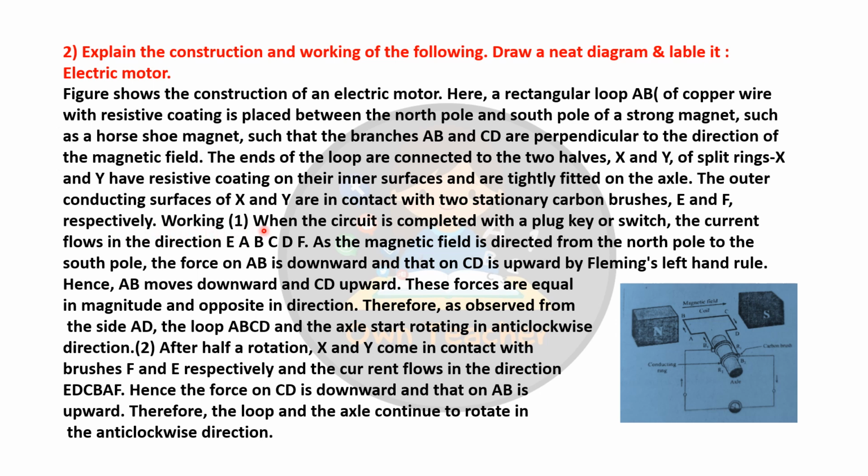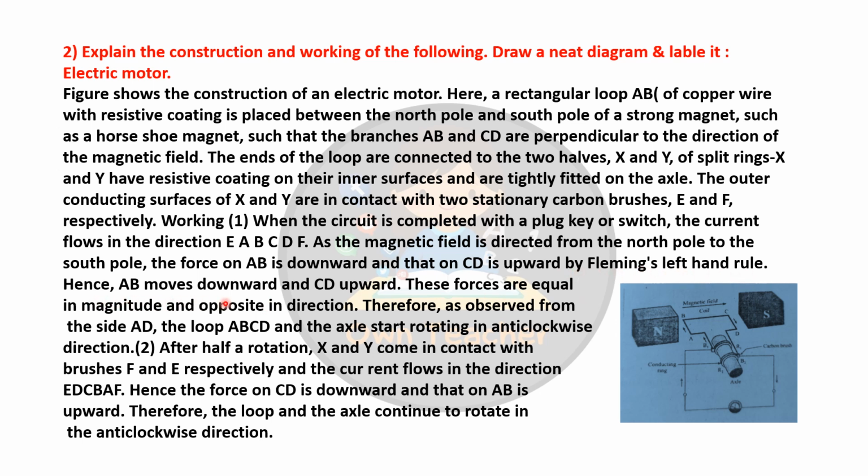Working. 1. When the circuit is completed with a plug key or switch, the current flows in the direction E, A, B, C, D, F. As the magnetic field is directed from the north pole to the south pole, the force on AB is downward and that on CD is upward by Fleming's left hand rule.